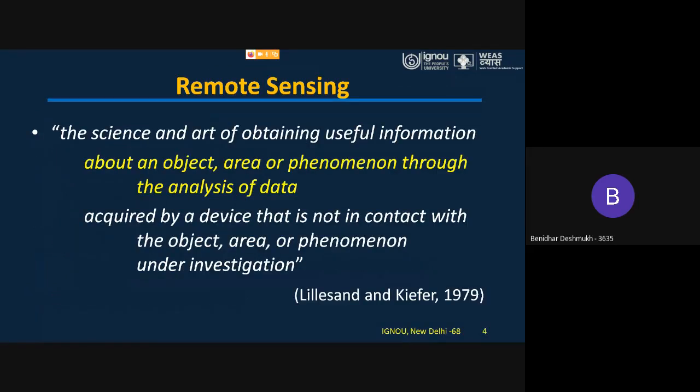Before we go into the application part, we will recap what we learned in the previous session. We understood that remote sensing is the science and art of obtaining useful information about an object, area, and phenomena through the analysis of data acquired by a device that is not in contact with the object, area, or phenomena under investigation.